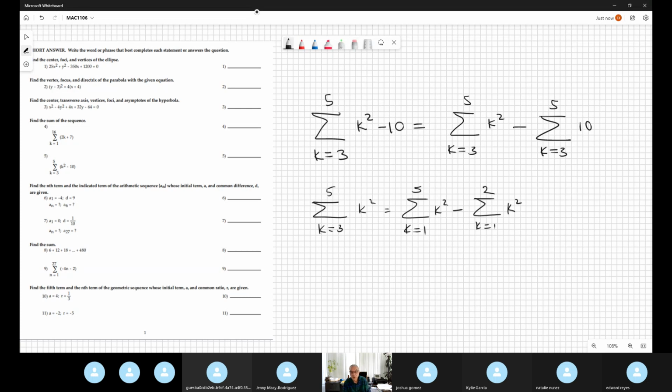Remember, the formula that we have in my property never starts at 3, it starts at 1. Therefore, I need to break it down. So the idea is clear.